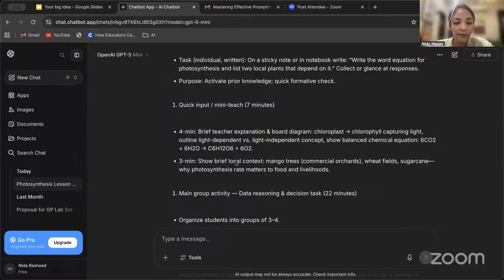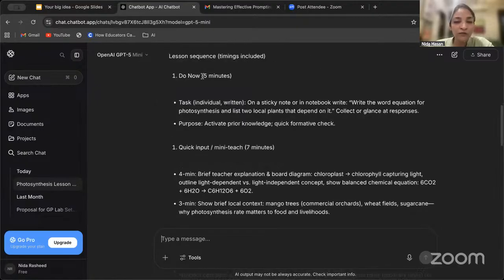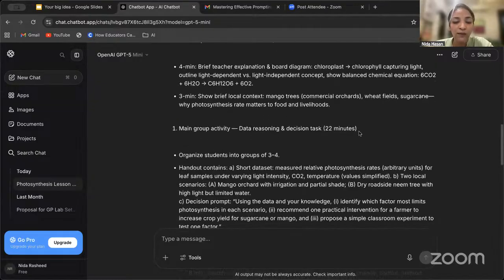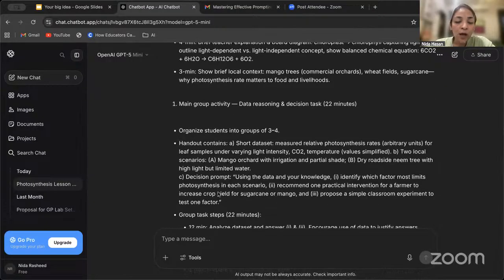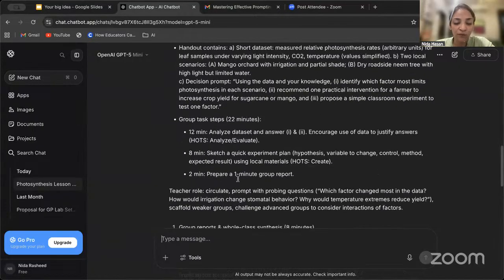Because you had said in our prompt that your class is 45 minutes, it has taken the first 5 minutes to set the objectives, the second 7 minutes to check the prior knowledge, and then the main part, which is 22 minutes, it is giving you how you will do the main activity and take them forward.